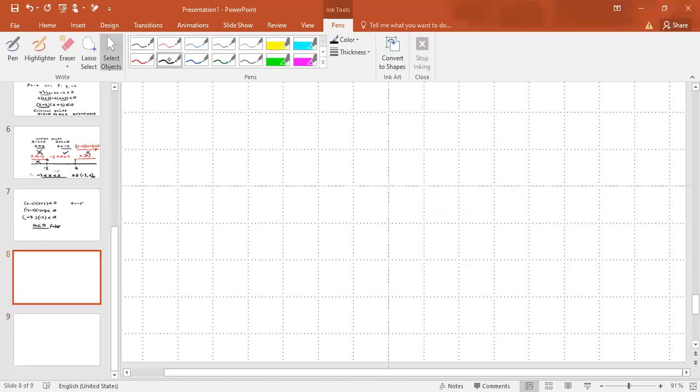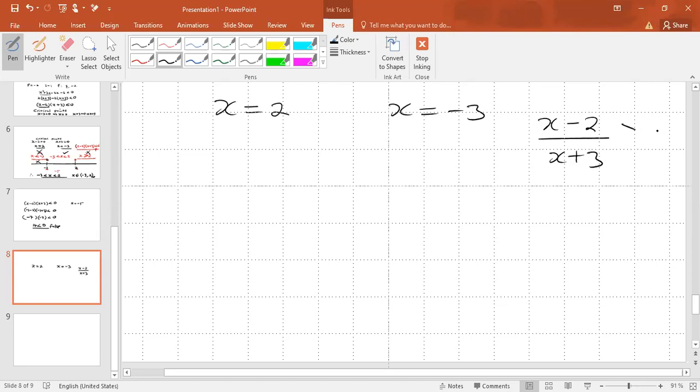So if you have the critical values, even for that fraction, like you have the critical values as x is equal to 2 and x is equal to -3. What we are solving, remember, is x minus 2 over x plus 3 greater than 0. So let's solve for greater than.